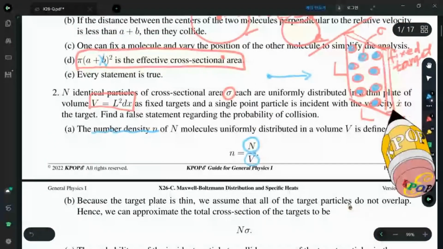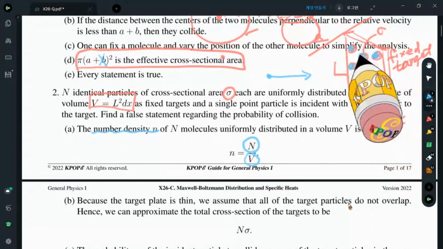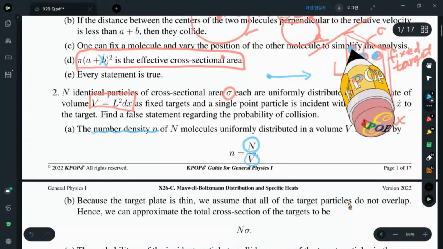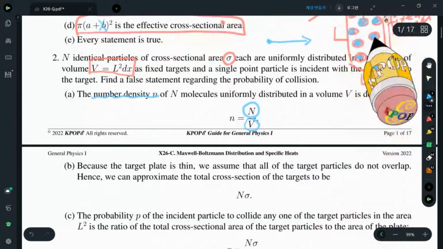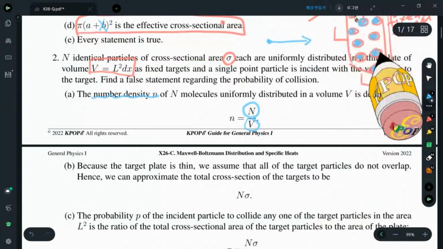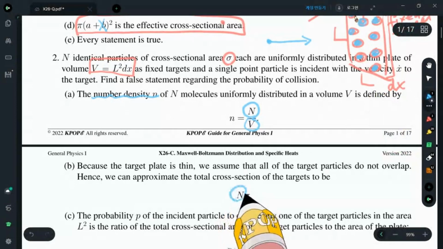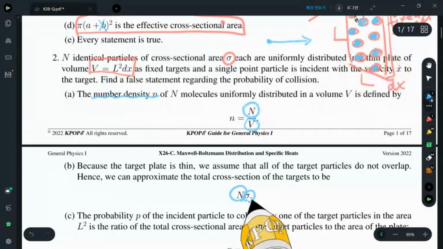Because it is very thin, we assume that they do not overlap, and the effective cross-sectional area of all of the target particles is simply the number of particles multiplied by each cross-sectional area sigma.